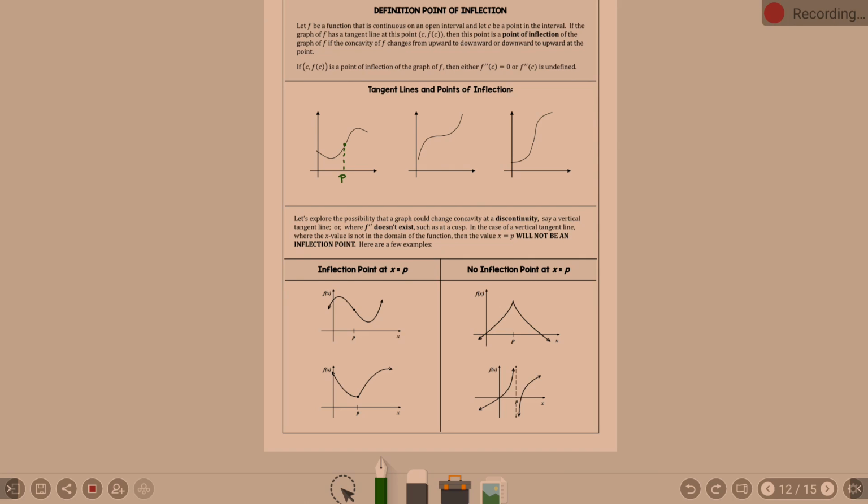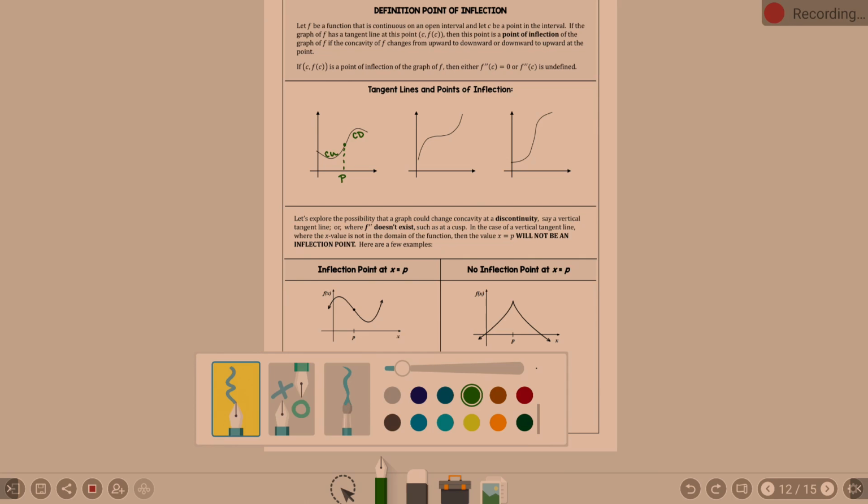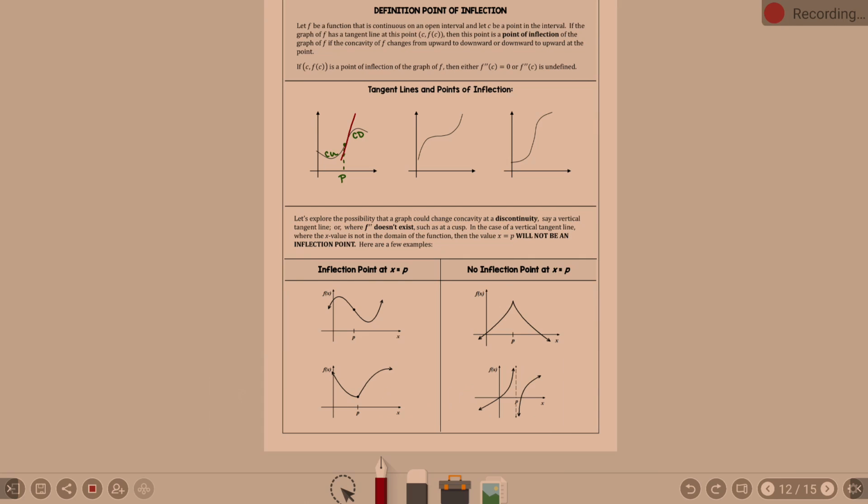And the idea here is that to the left of this inflection point is concave up. To the right is concave down. And then if we look at the slope, the tangent line through that inflection point, folks, is going to be something like that.